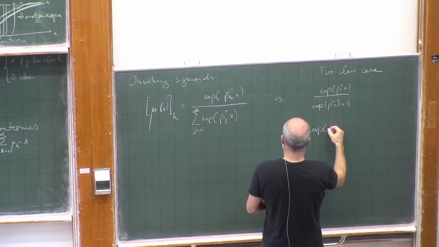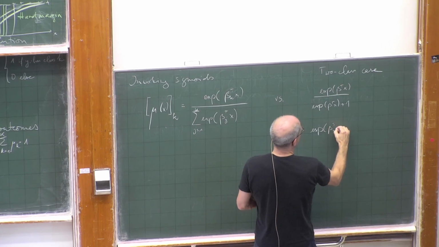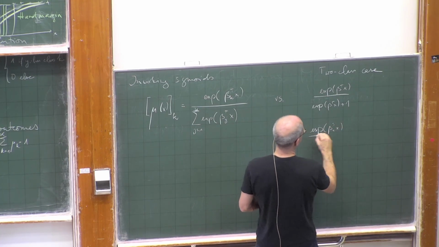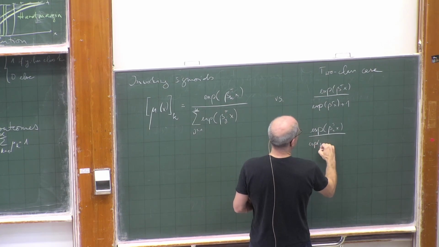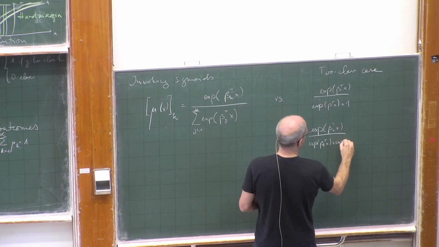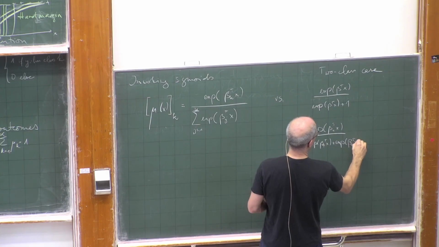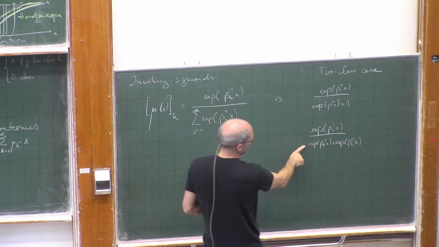I could say that this is, for example, e to the b1 transpose x divided by, so this is specialized here to 2 classes.